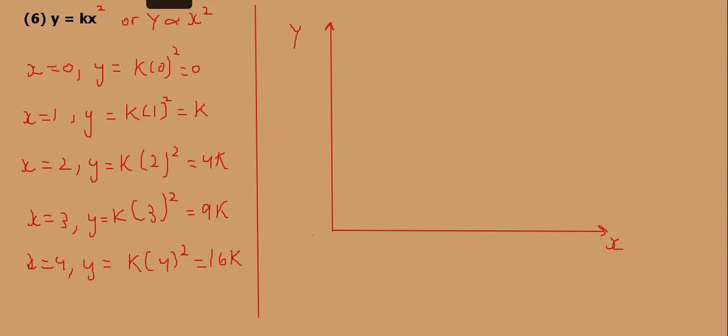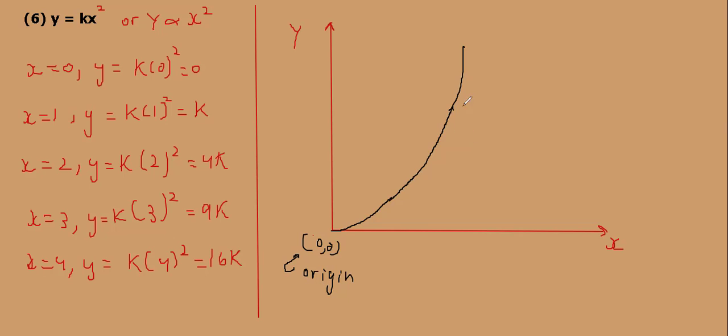When you try to plot this graph, initially the value is 0, 0 here. This is the origin point. At 0, 0, it is the origin, meaning y-axis as well as x-axis both are 0. But once the values are increasing, once the value of x is changing, the nature of the graph will become parabolic.